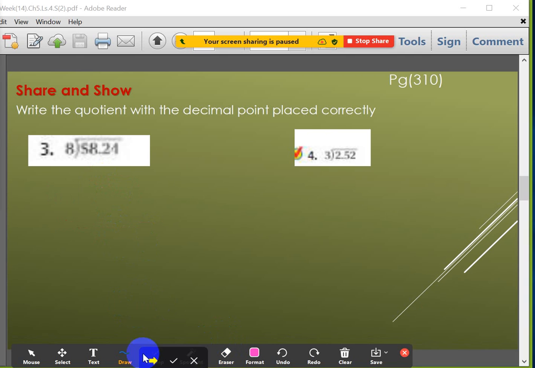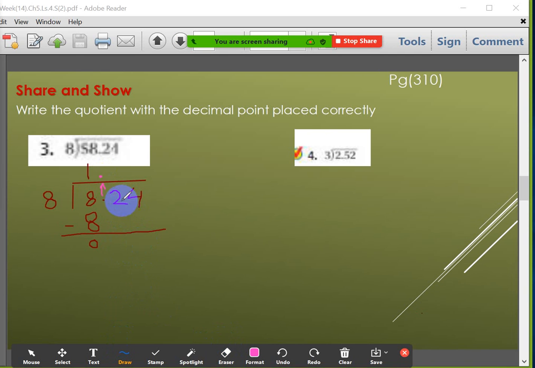Then I will take the 2 down. I want to divide 2 on 8. Can I divide 2 on 8? Of course I can't, because 2 here is less than 8. How many 8s in the 2?